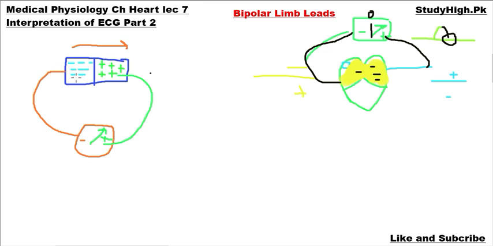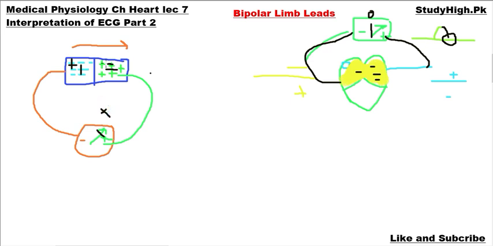Likewise, when this cell consists of a large amount of negative charges on this side and positive charges on the other side, there will be a positive deflection by the voltage meter. But when there is intermixing of positive and negative charges, with equal amounts of positive and negative charges on both sides, there will be no deflection by this electrocardiographic meter.